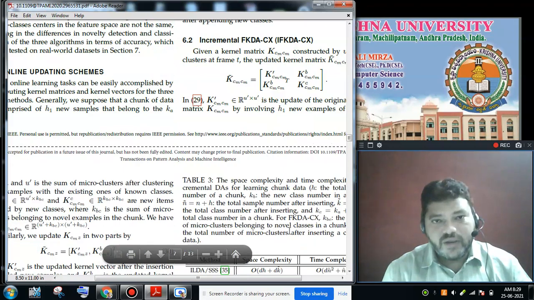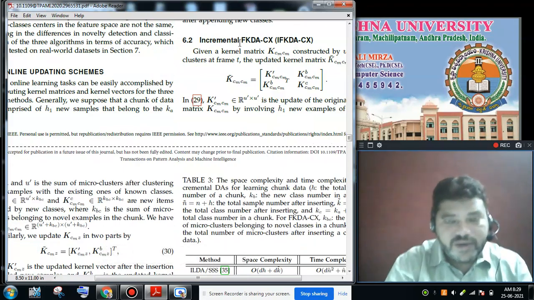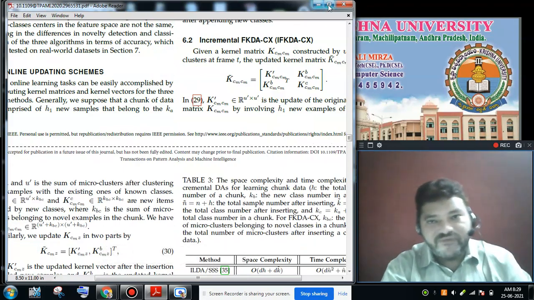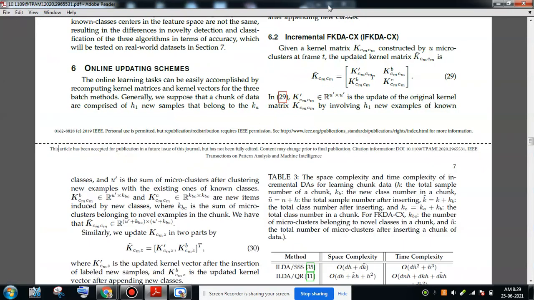So here we have incremental FKDACX, and they have found three more versions.